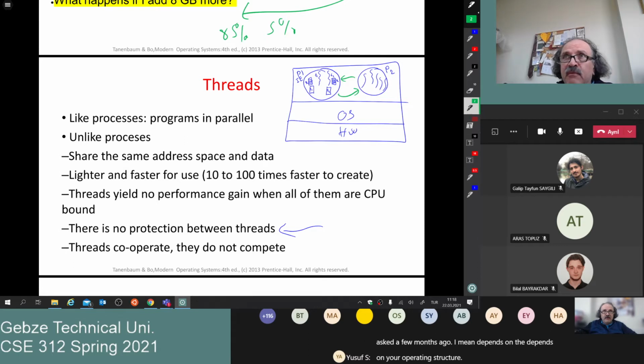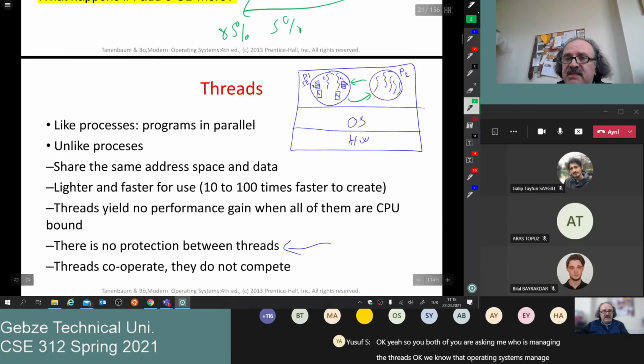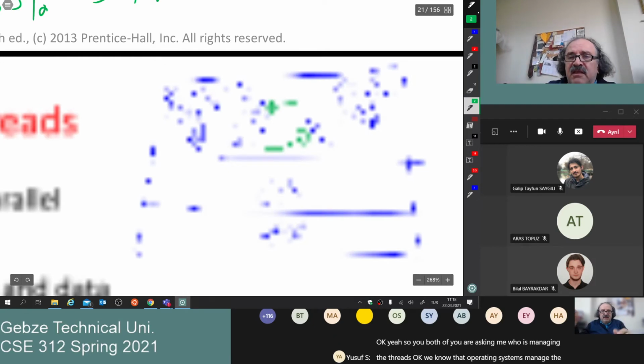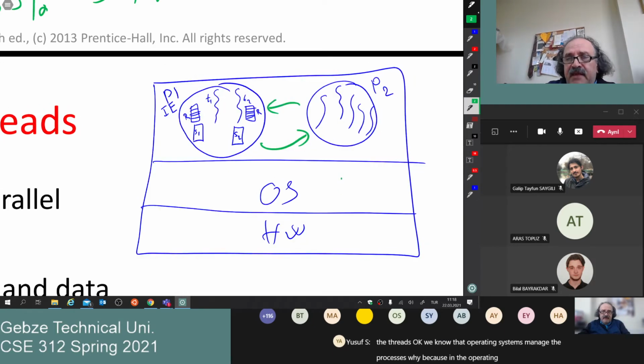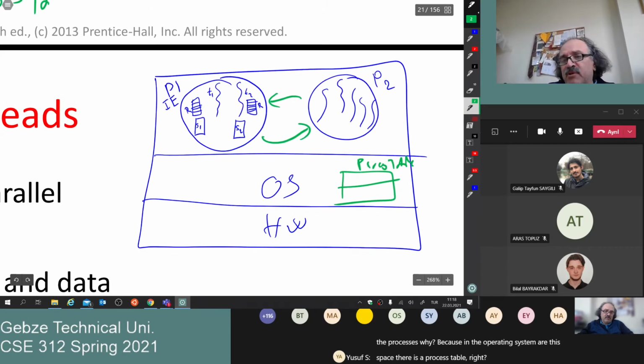Okay, so both of you are asking me who is managing the threads. We know that operating systems manage the processes. Why? Because in the operating system address space, there is a process table. Within the process table, you have all the information about the processes.